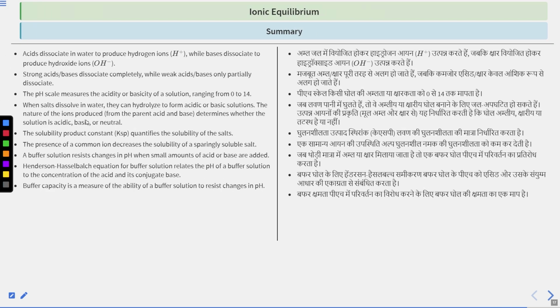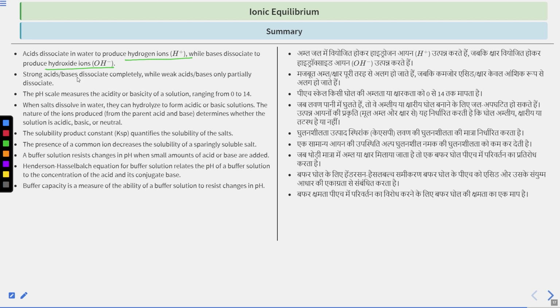Okay, we are at our summary slides. These are the major concepts which we have covered today, and let's go through them one by one. Acids dissociate in water to produce hydrogen ions, while bases dissociate to produce hydroxide ions.